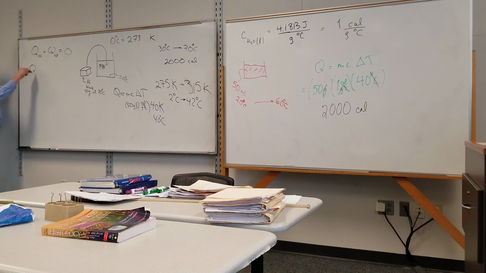I could also write it this way. Q aluminum, the energy that is gained or lost by the aluminum, is the negative of the energy of the water. So if this is negative, Q has to be a positive number. If this is positive, Q has to be a negative number.